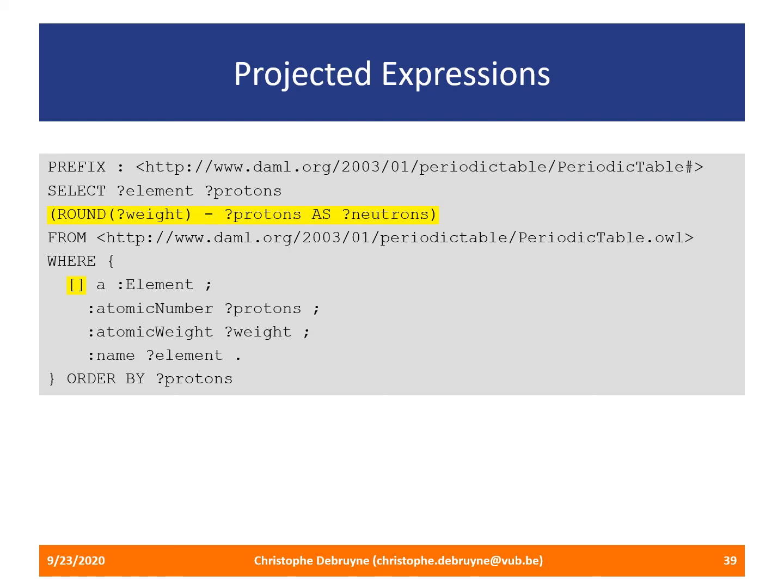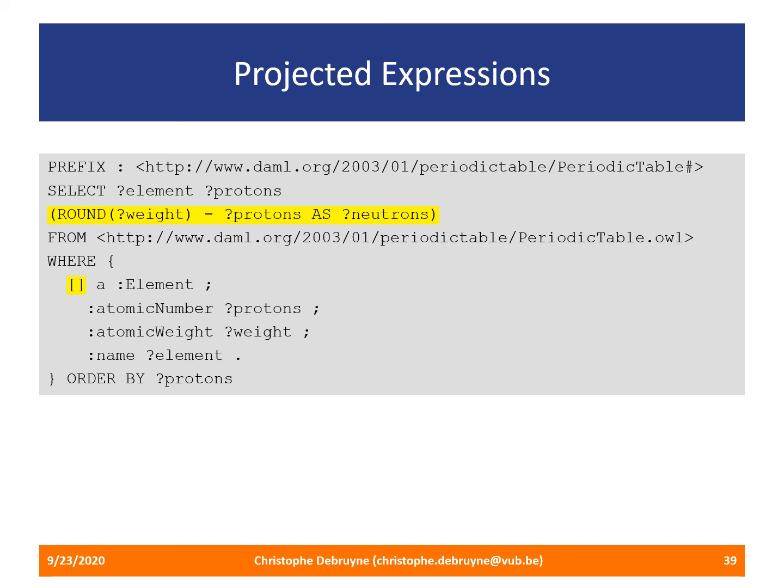One is by doing so in the select clause. So I'm not a chemist, but what we're trying to compute is the neutrons of elements by deducting the protons from the weight. And how do you go about doing this in the select clause?